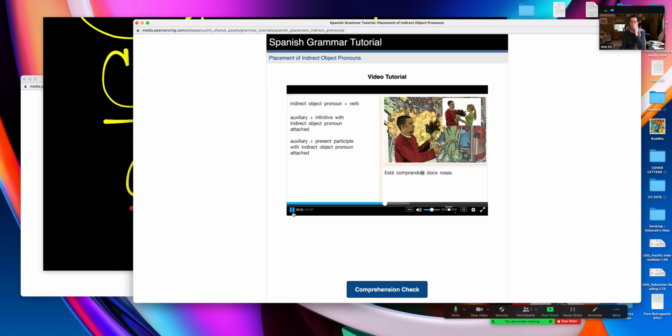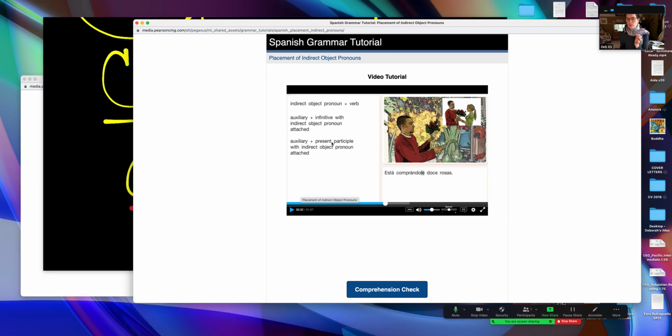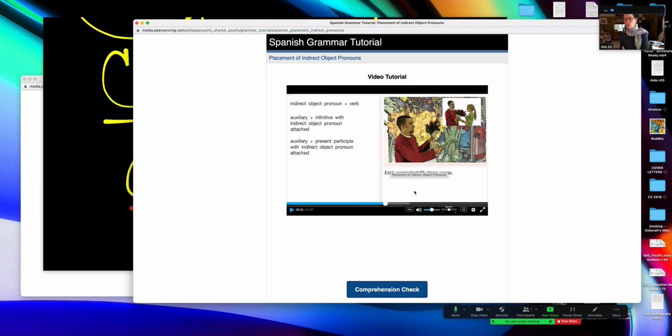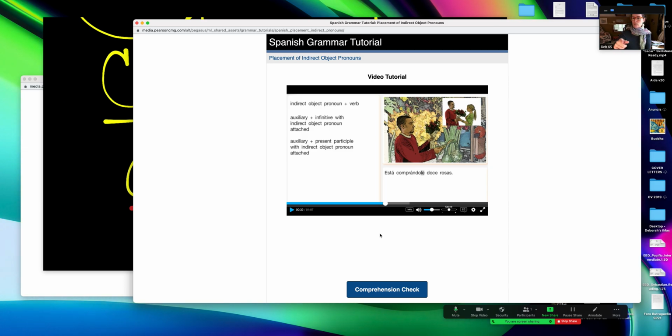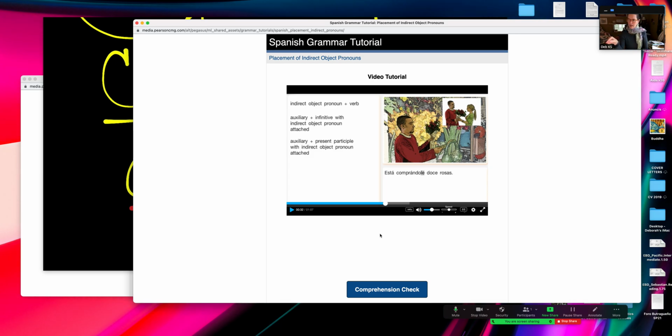This is another example. When you can have an auxiliary. In this case, quiero mandar was a conjugated verb plus an infinitive. And in this one, the example here is a present participle. What they mean is the -ing verbs. So you're saying he is buying, está comprándole. So you see that it's at the end attached. Okay.